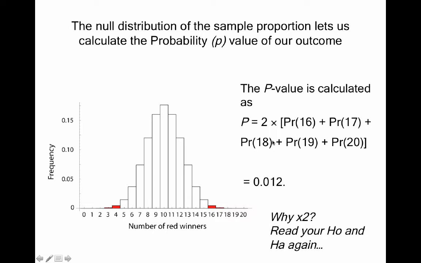These are the size of those small columns, and this is the total that those columns add up to. So that's a proportion of the 1 that would be the entire area of this graph we're looking at, and 0.012 is the proportion of the red that you can see shaded in. And that is equivalent to the probability of obtaining these outcomes that we obtained if the null is true.